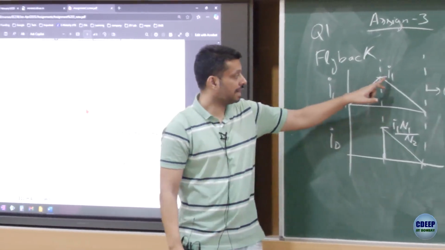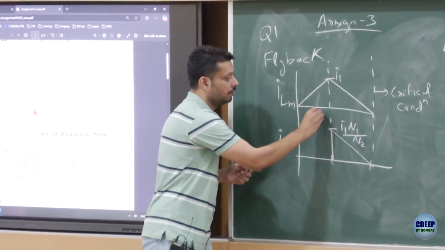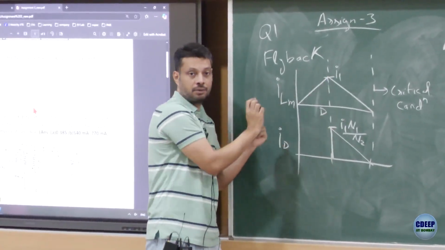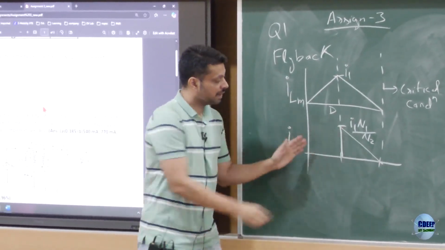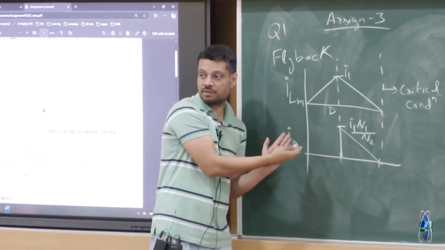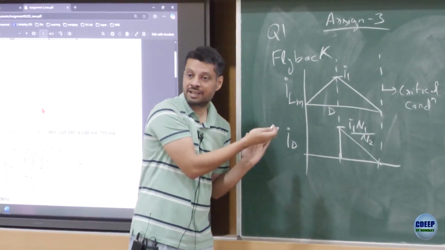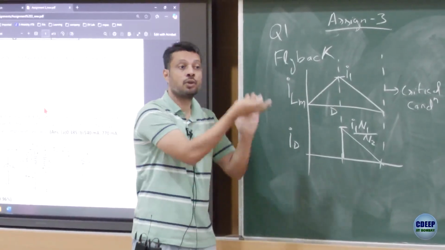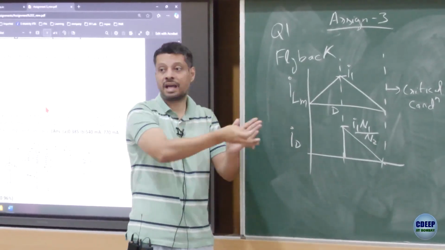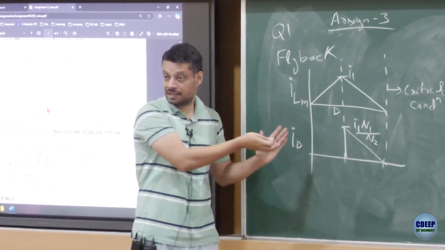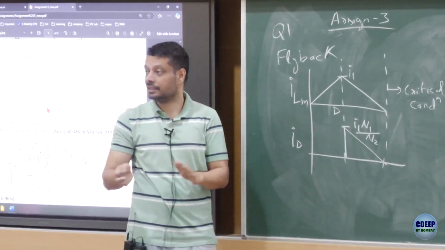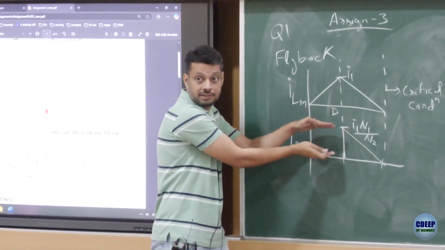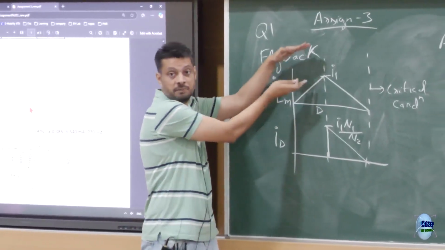Since you know D and I1, you can find the peak value here and the average component of this waveform. Then you can compare this average component with the load average current. If the load average current is more than this current, that means in reality this waveform is shifted upwards.